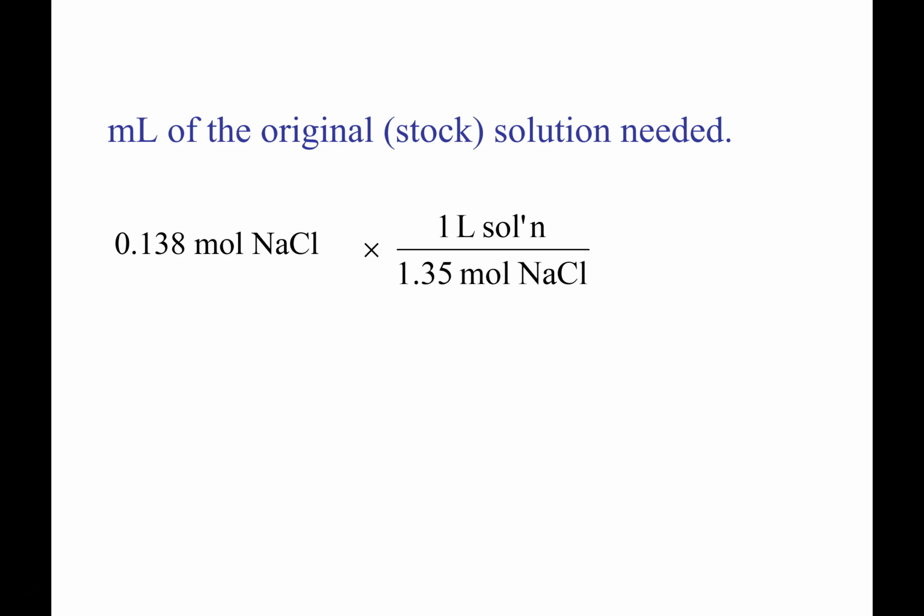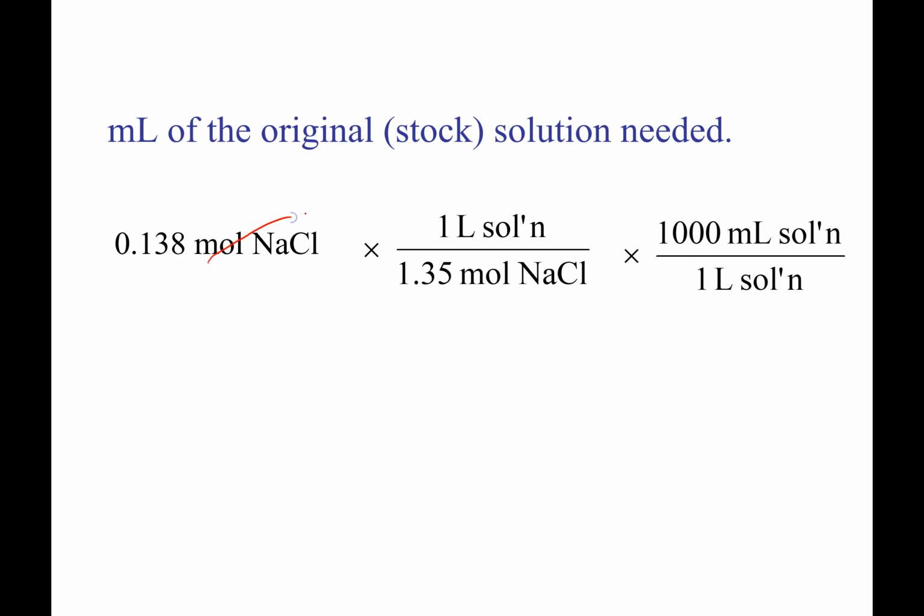So now moles cancel, but if I'm after milliliters, I'd have volume in liters, but not yet in milliliters. So it's the milliliter-liter problem. If I recognize there are 1,000 milliliters in 1 liter, then you've gone from units of liters to milliliters.